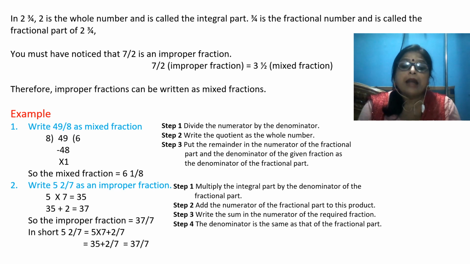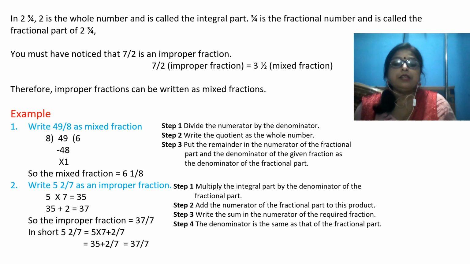In the next step, you add the numerator of the fraction, that is 2. So 35 plus 2, that is 37. So here you can write 37 by 7. This is the improper fraction. In this way, you can change the mixed number into an improper fraction.